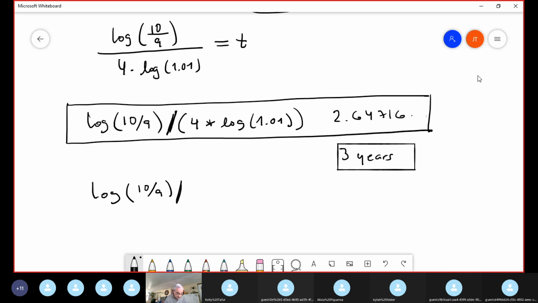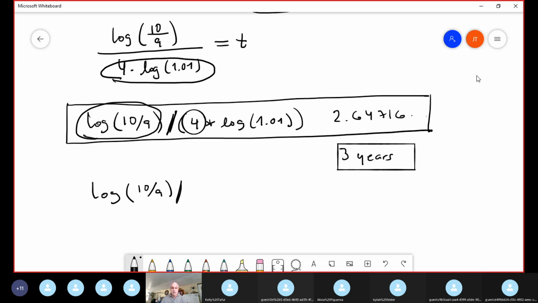The tricky part is that you need to open new parentheses to enclose everything in the bottom. Because if you write without parentheses, the calculator works from left to right, computes this part and divides by 4, and after that multiplies by this. This is wrong, because 4 and logarithm 1.01 are in the bottom of the division.